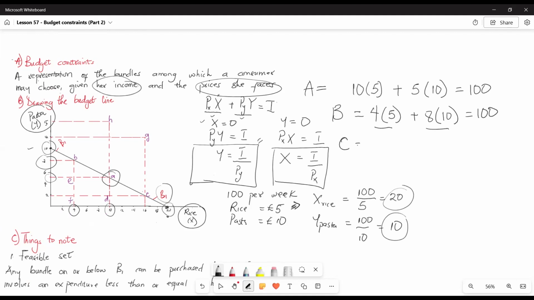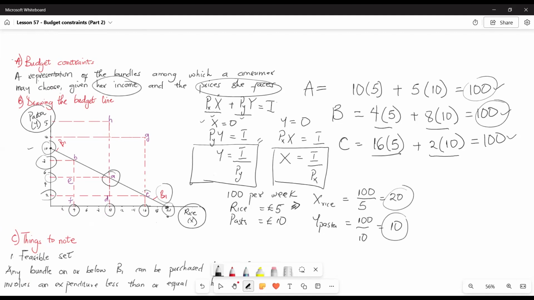Then if you move to bundle C, you can see that C has 16 units of good X at a price of 5 plus 2 units of good Y at a price of 10. So this is 80 plus 20, which is still 100. So immediately you can see that all points on the budget line are points that add up to Ella's income. It means that anytime Ella buys any bundle on the budget line, she is spending all her income.